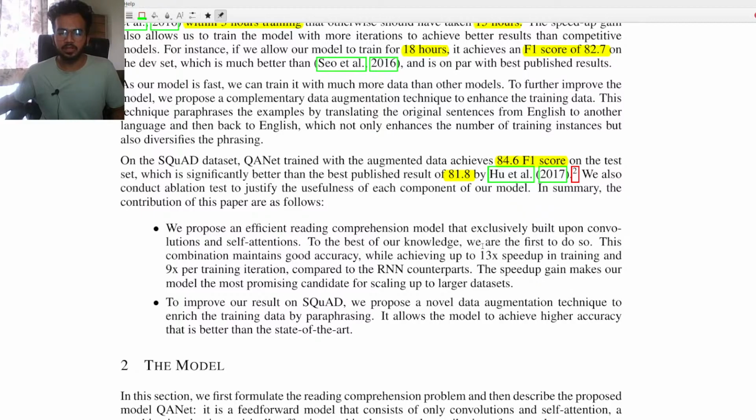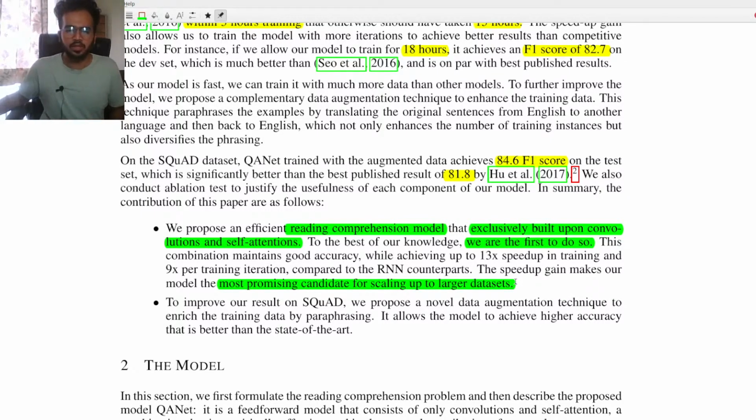To the best of their knowledge, they are the first to do so. This combination maintains good accuracy while achieving the speed-up compared to RNN counterparts. The BiDAF model is the RNN counterpart. The speed-up gain makes the model the most promising candidate for scaling up to larger datasets.